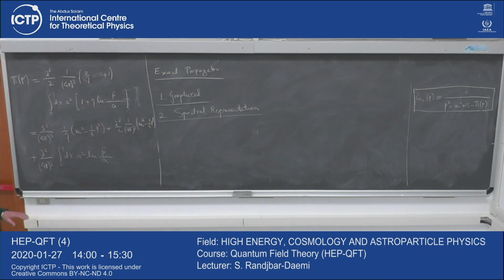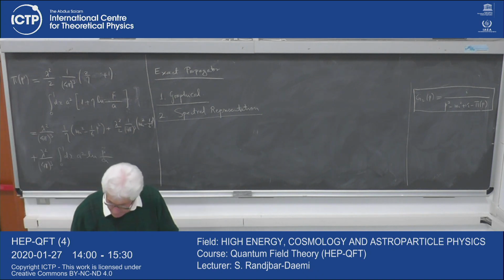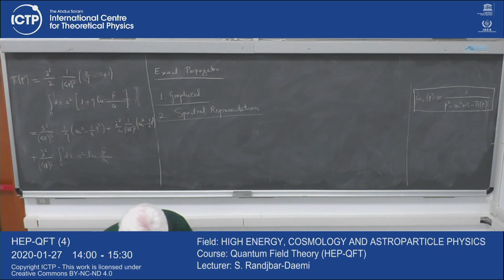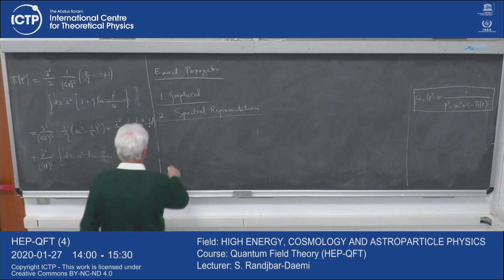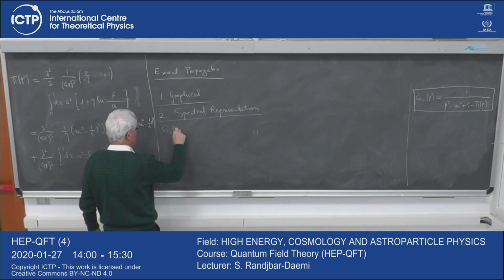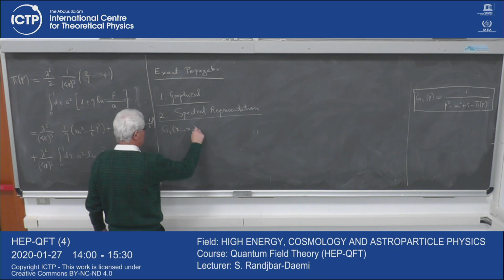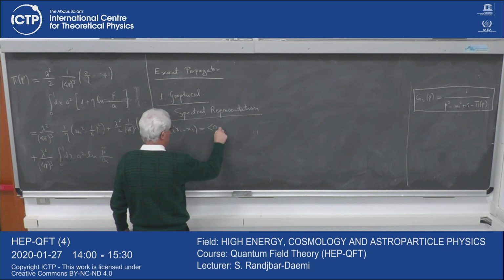So recall that we are examining the two-point function, which is the time-ordered product. So we are examining G2, x1 minus x2.